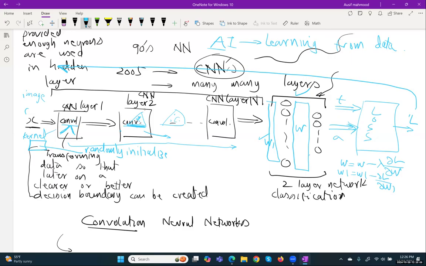So now my question to you is, as we go back, what do we want to adjust? There are no weight matrices over here, there are the kernels, okay? So now we want to do kernel 1 equals kernel 1 minus lambda partial L over partial kernel 1, kernel 2 equals kernel 2 minus lambda partial L over partial kernel 2, right?